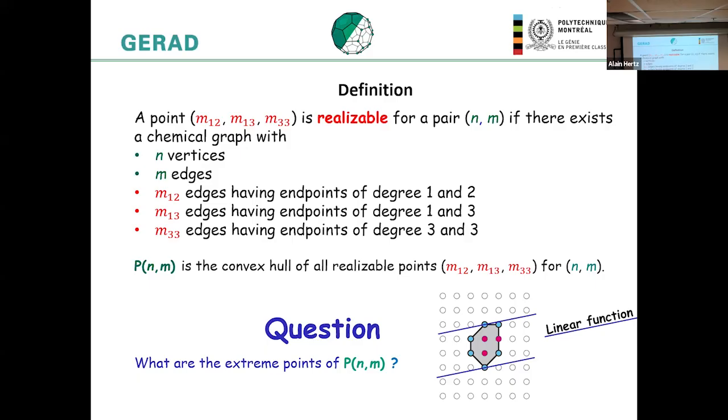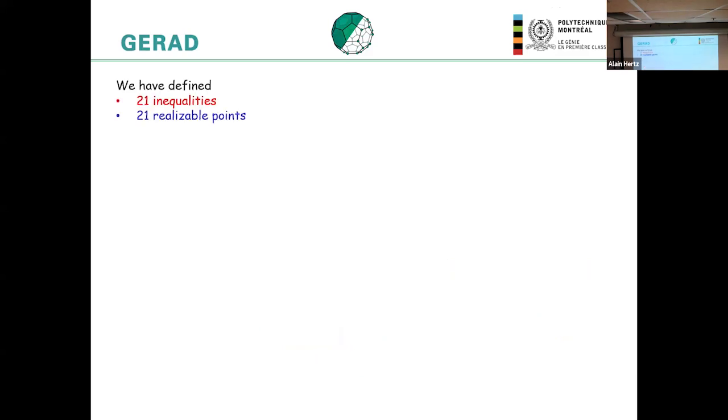So my question is, what are the extreme points of these polytopes? So what we did, we defined 21 inequalities involving these Mij values, and we defined 21 chemical graphs, 21 points which are realizable. Just 21.